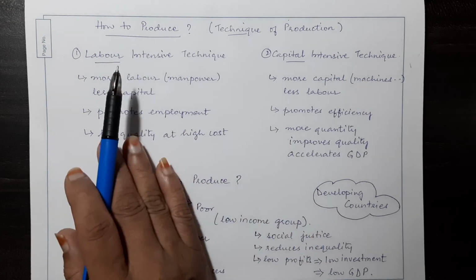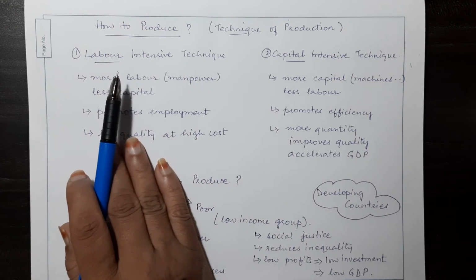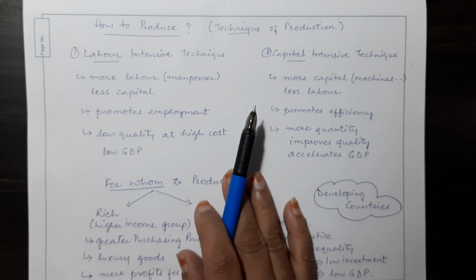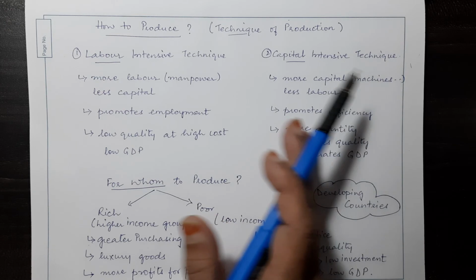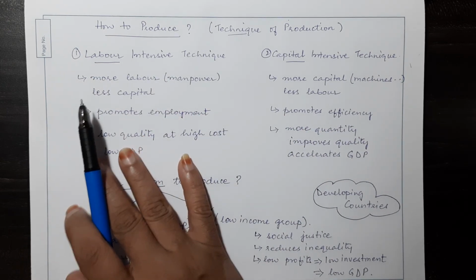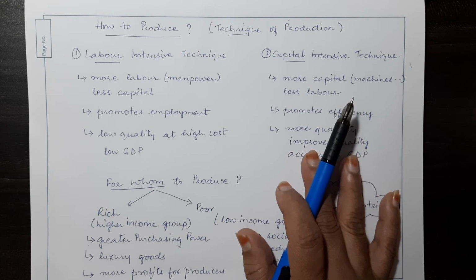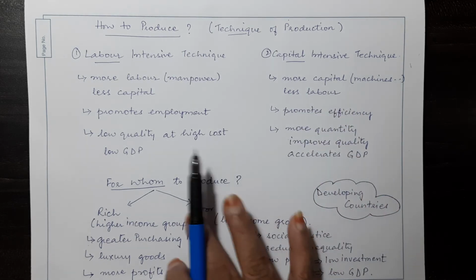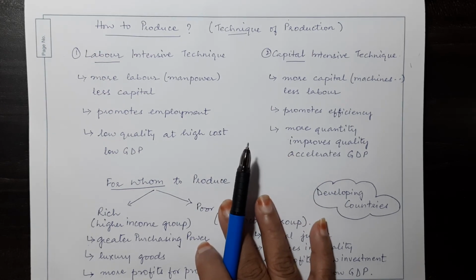So that would look into labor intensive technique. Now, in mixed economies, since the mixed economy looks into profit maximization as well as social welfare, both labor intensive technique and capital intensive technique would be utilized depending upon the situation or requirement.